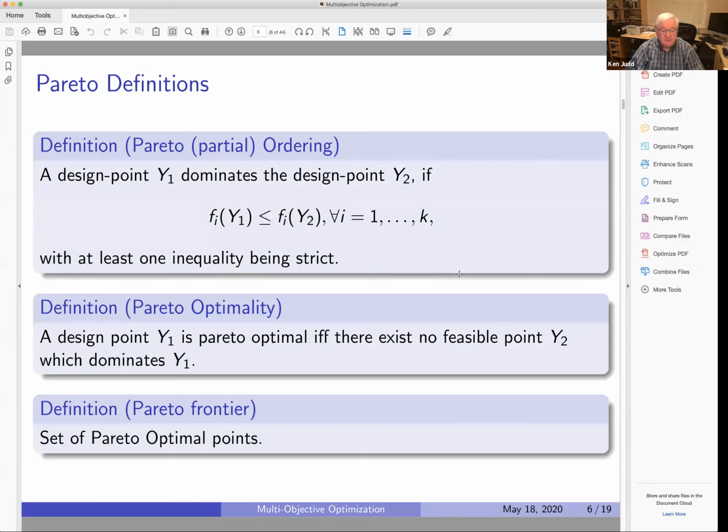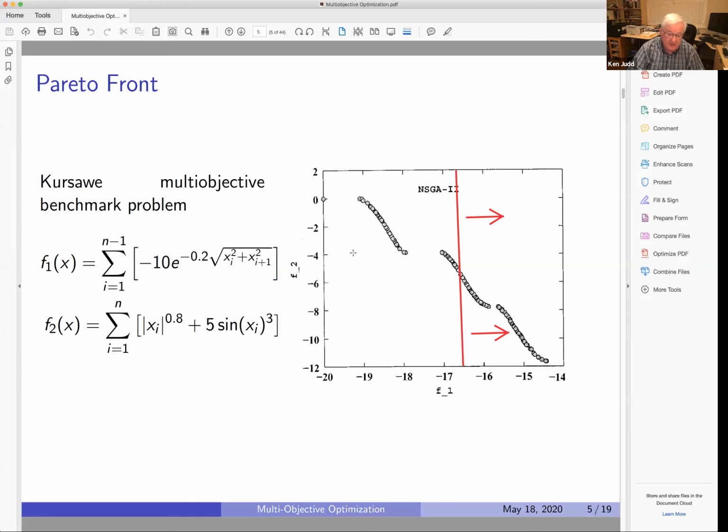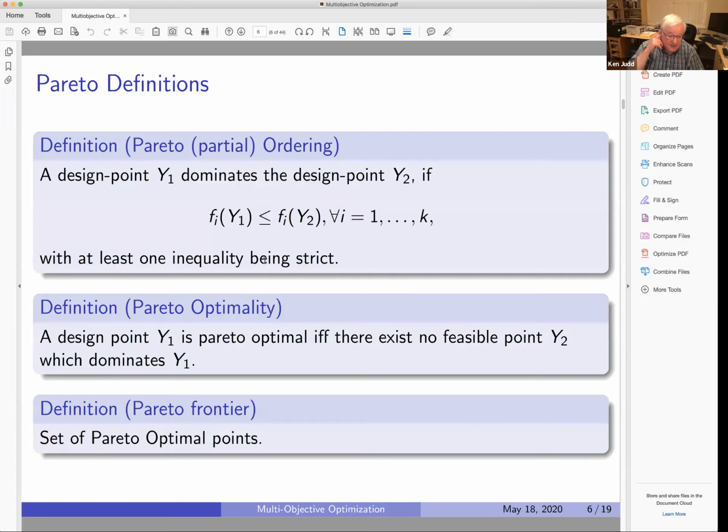Now, the x vectors would be an example of what's called a design point. So one design point dominates some other design point if, oh boy, okay, this goes back to the fact that in engineering, you always want to minimize something.